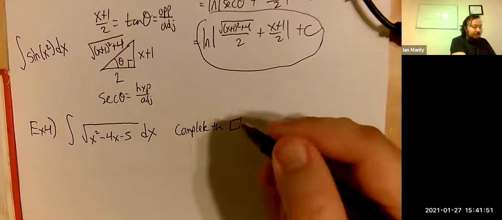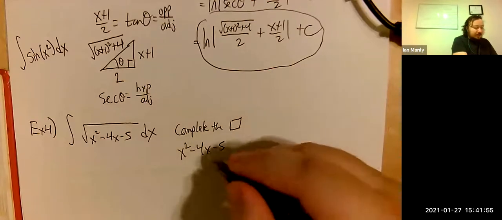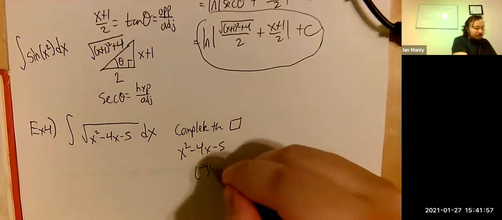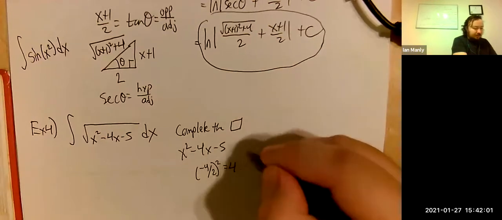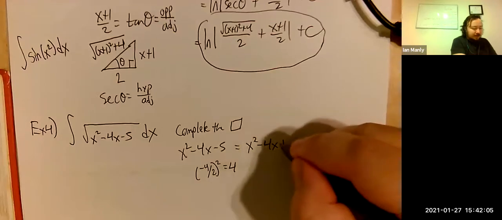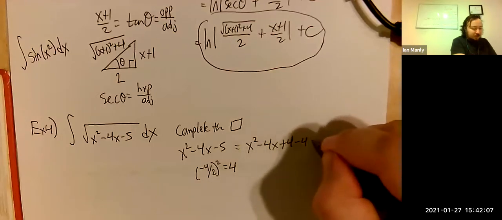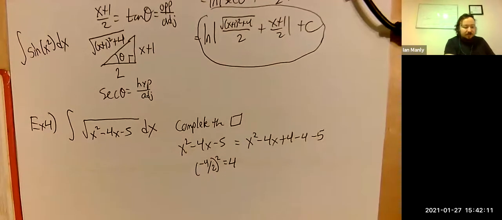So our magic number is -4 over 2 squared. This is 2, and I square it, and I get 4. So I have x squared minus 4x plus 4 minus 4 minus 5 right here.